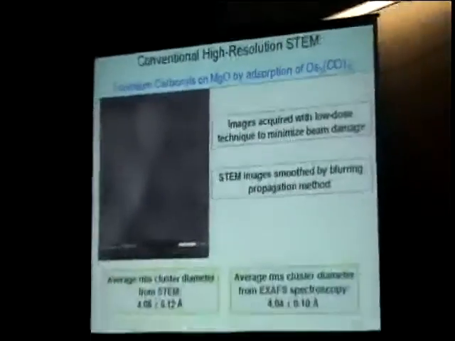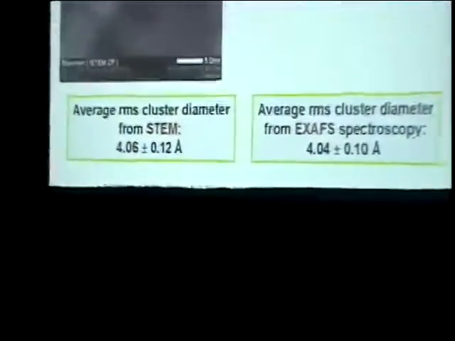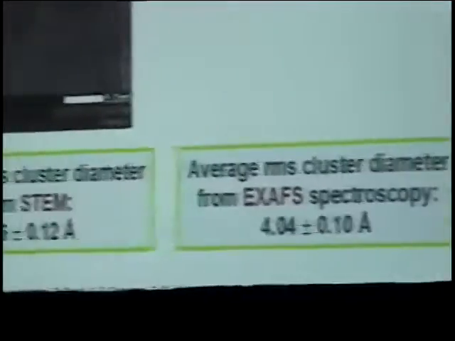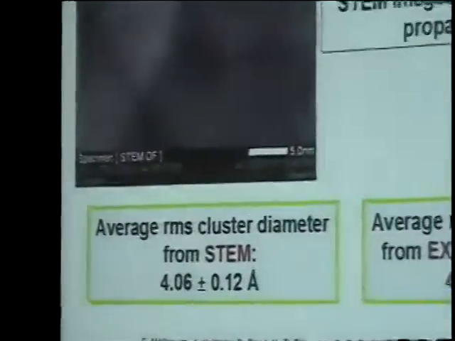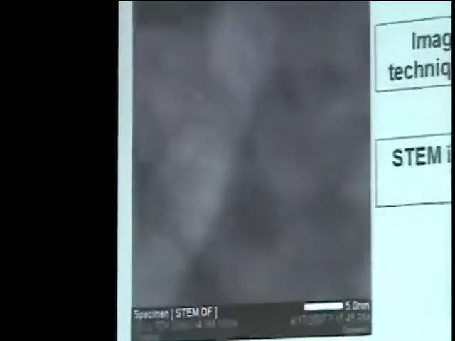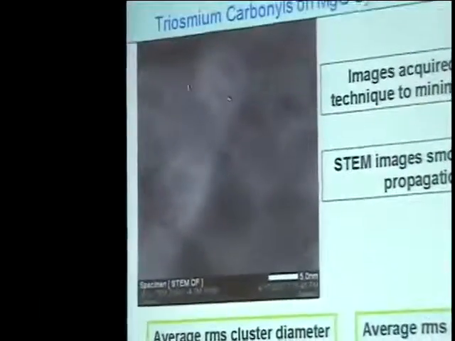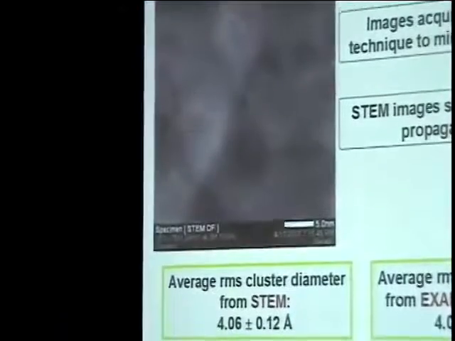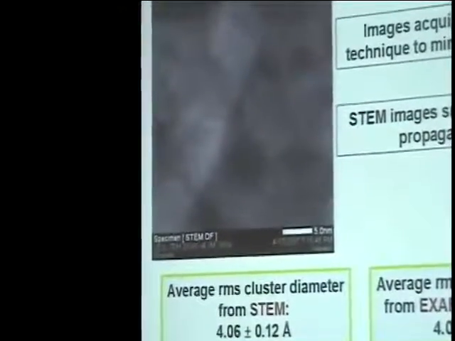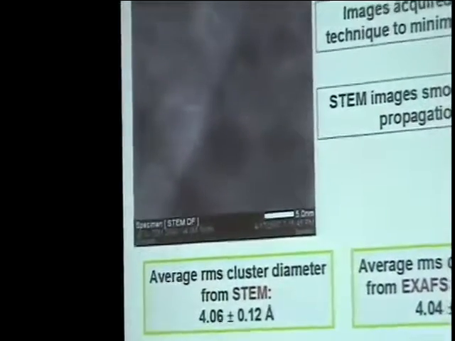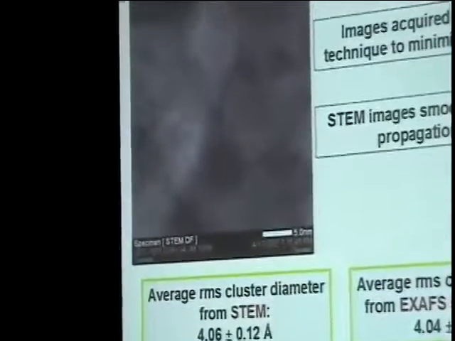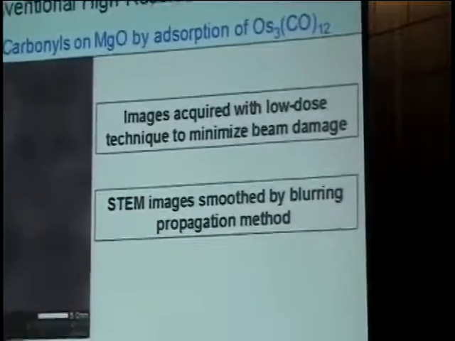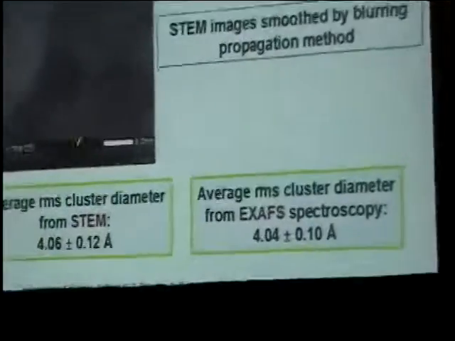And the evidence for that is we look at the images, and this is not impressive by today's standards, but it's analyzable, and maybe with this light you can't see too much, but there are clusters discernible there. And with a lot of data analysis, that I don't have time to go into, involving smoothing and statistics, one can determine the average diameter of the supported clusters from the microscopy.